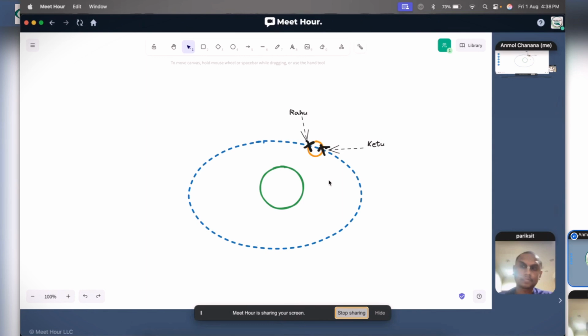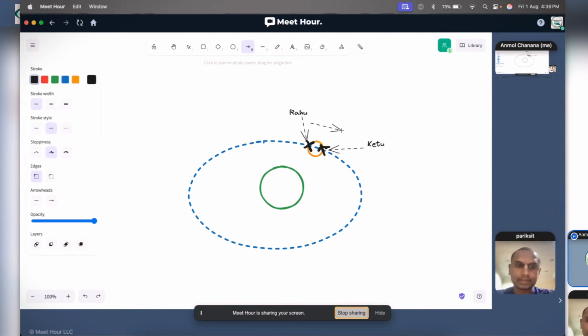In a chart, Rahu can be closer to the Moon or closer to Ketu, depending upon its position at that time. But Rahu and Ketu will always be 180 degrees apart.